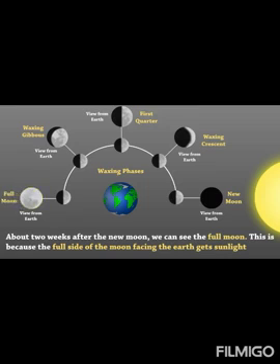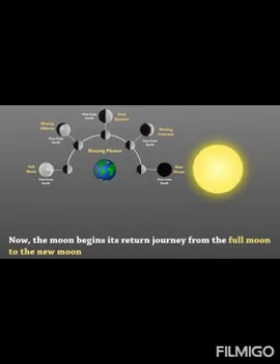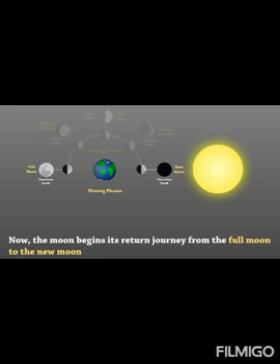About 2 weeks after the new moon, we can see the full moon. This is because the full side of the moon is now facing the earth and it is receiving the light from the sun. Now, the moon begins its return journey from the full moon to the new moon.